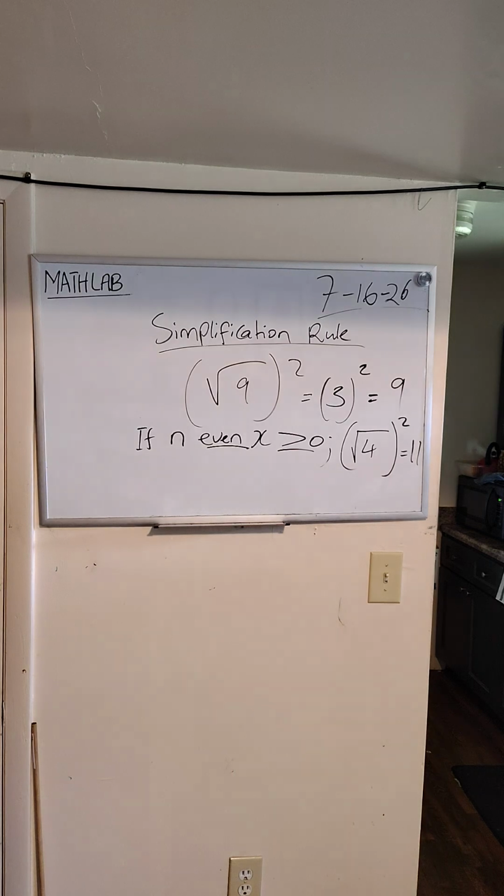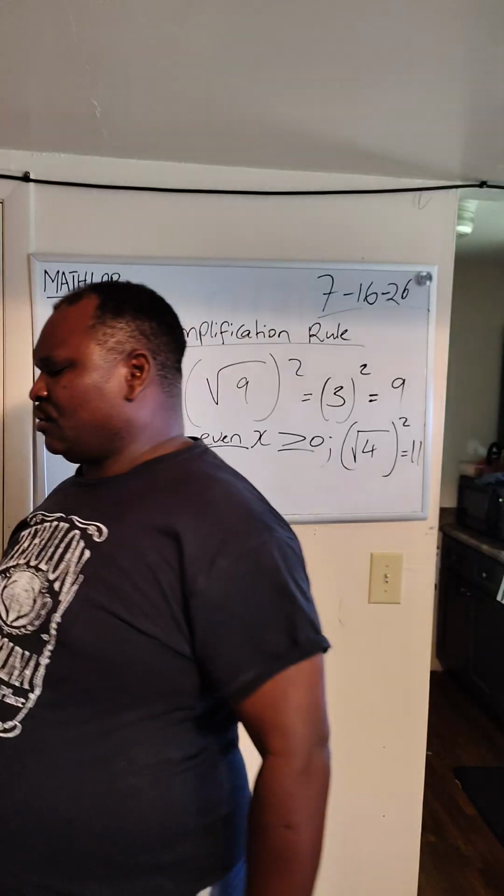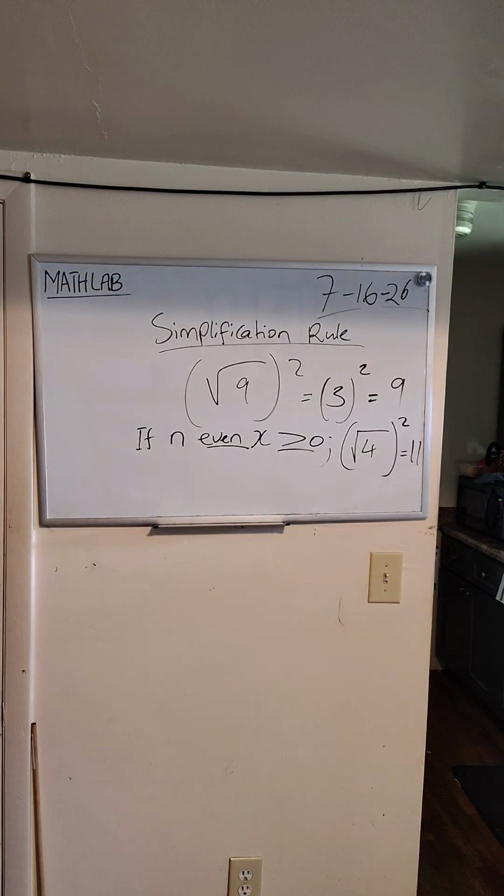So now, what about if the number is odd? If n is odd, x is any real number. You can put a note there: if n is odd, x is any real number in the system.